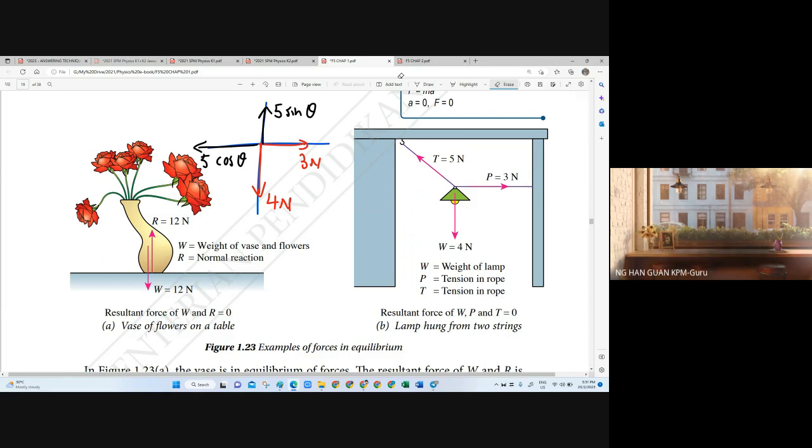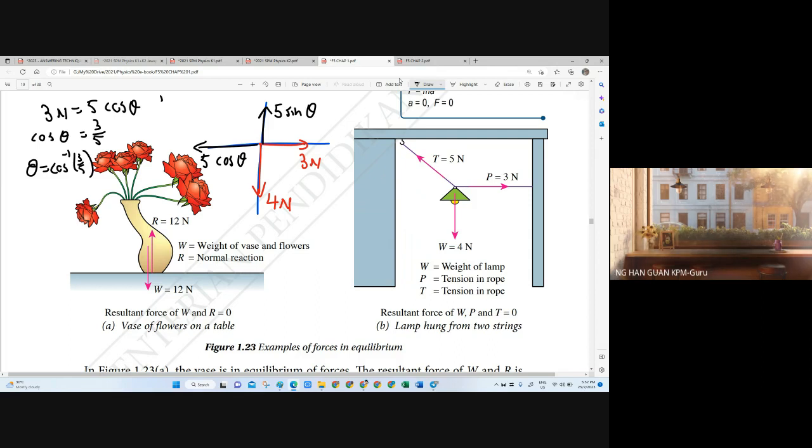With that, we can solve it now, because we know that the 3 Newtons must be equal to the 5 cos theta. So cos theta must be 3 over 5, so theta must be shift cos 3 over 5. Use a calculator to find the answer.